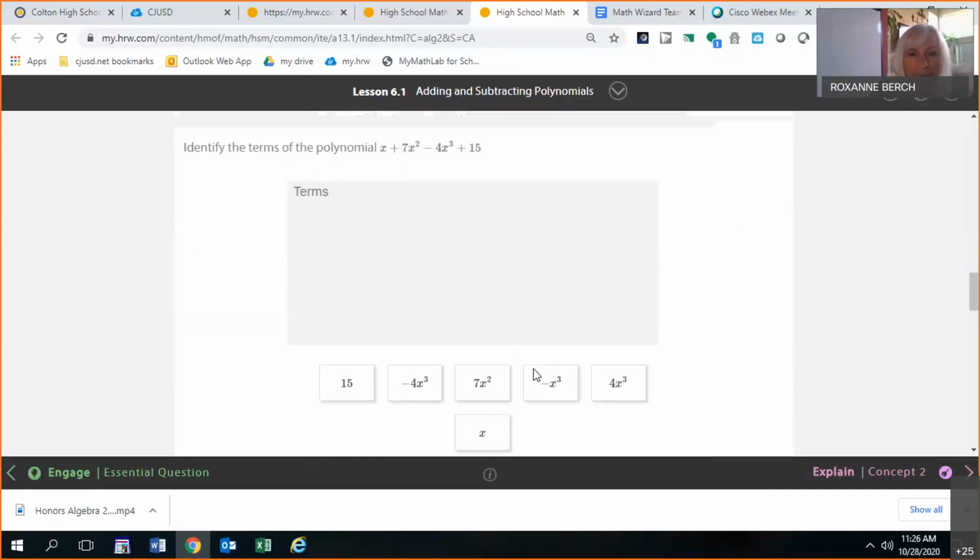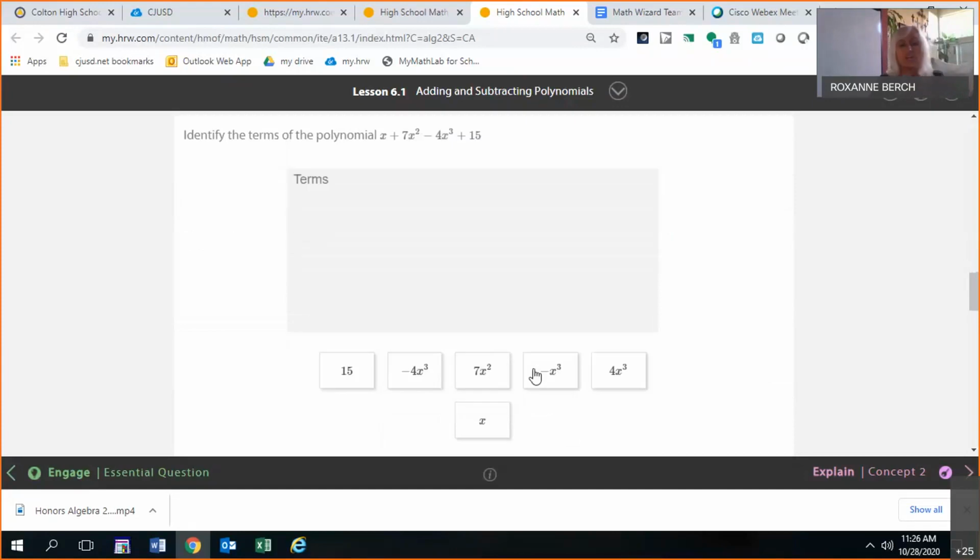So you have to drag up. What would be the terms of this polynomial? Is 15 one? Term of the polynomial?